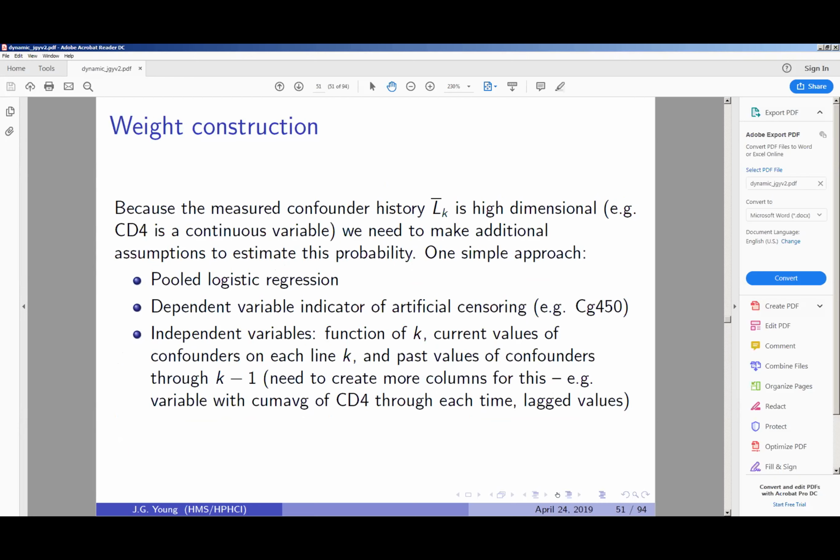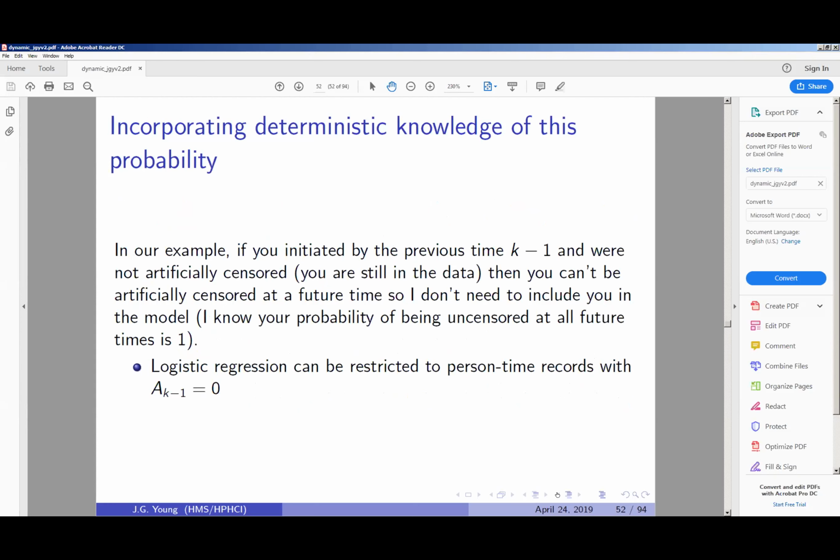And the independent variables will be a function of K because it's pooled over time, current values of the confounders on each line K, and past values through K minus 1. So this is where we need to create more columns for functions of history. Say we might create a variable to reduce the dimension of the whole history to a cumulative average of CD4 cell count through each time, or maybe several lagged values in the previous months. On each line K, you might create a lag 1, lag 2, lag 3, depending on how much data you have and how flexible you can be.